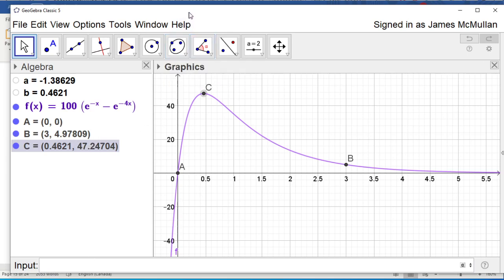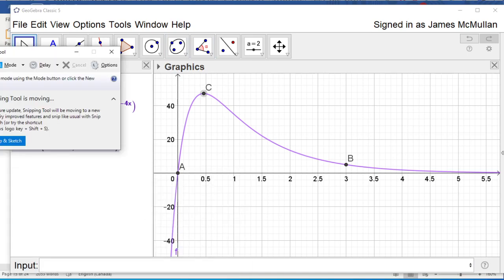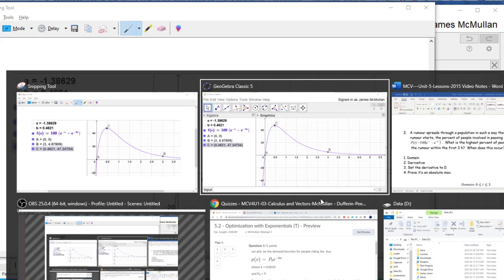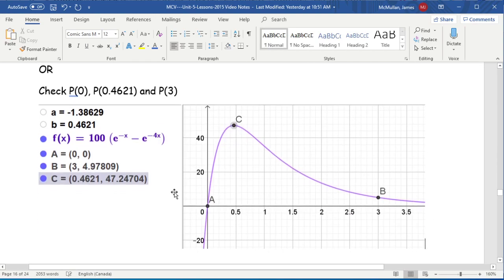So, again, let's just type this out. We'll just grab it. So what we're doing here is demonstrating the three candidates.